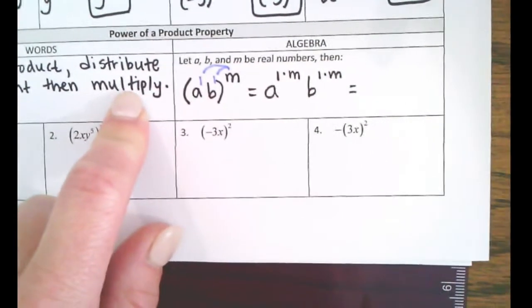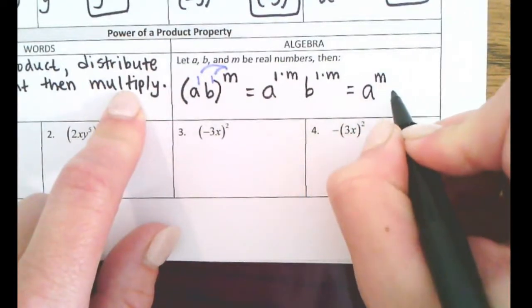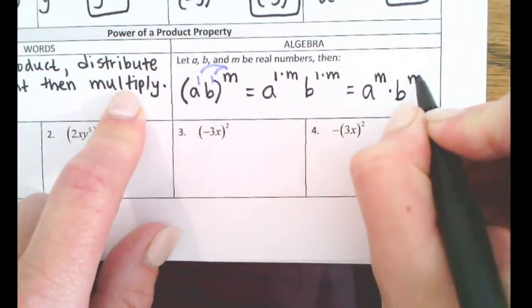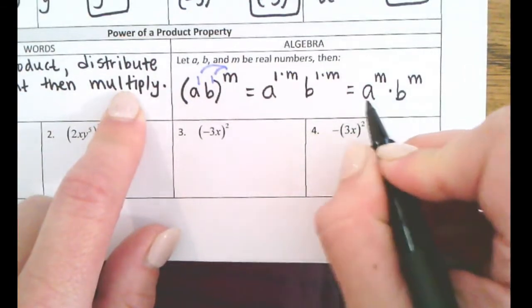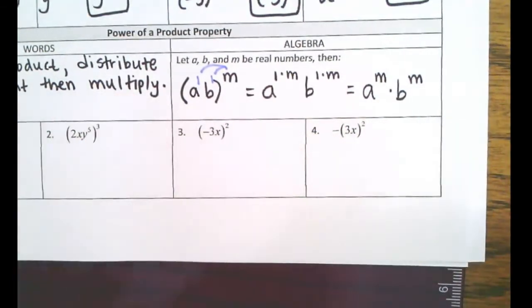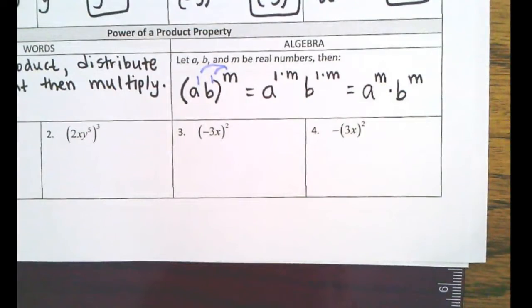Well, 1 times m is just m. So this becomes a to the power of m and b to the power of m. We cannot simplify this further because a and b are not the same bases like we had in our first product of a power. So this will be our final answer.